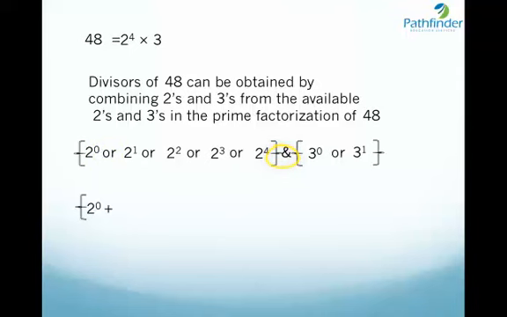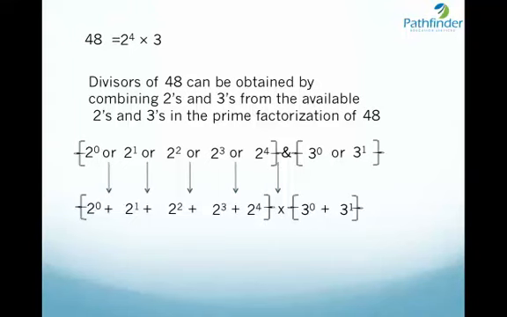So we have 2 to the power 0 plus 2 to the power 1, because the OR above is replaced by an addition sign, plus 2 to the power 2 plus 2 cube plus 2 to the power 4. The AND is replaced by an into sign, and we have 3 to the power 0 plus 3 to the power 1.